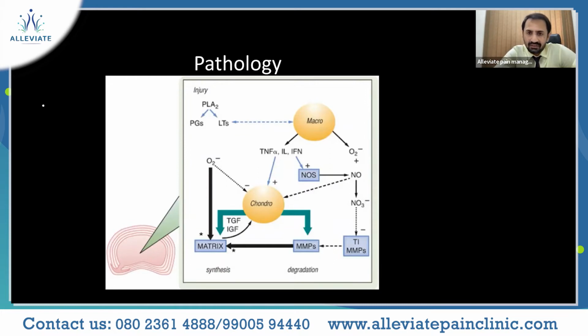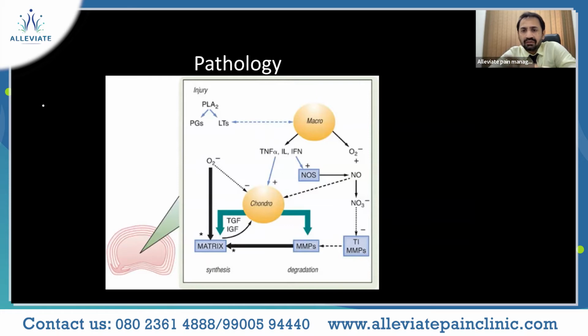So that is the reason why we are discussing it. The most important structure of the matrix is also your chondrocytes. Chondrocytes normally produce your transforming growth factor and insulin-like growth factor, which help in synthesis of the matrix. That is broken down by your metalloproteinases, which are again in turn controlled by your tissue inhibitors.